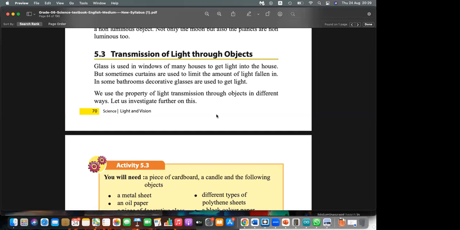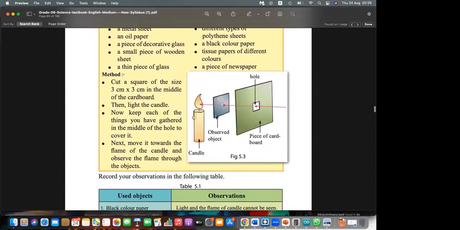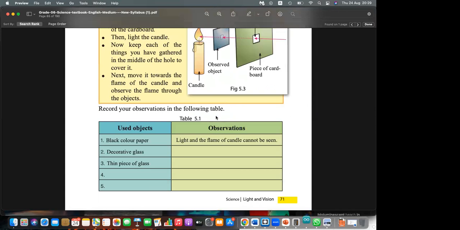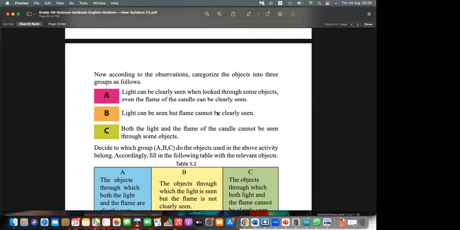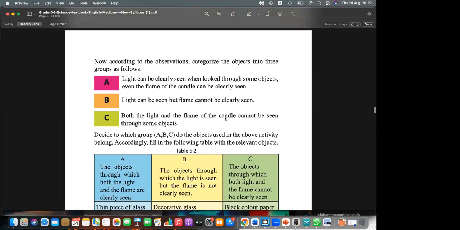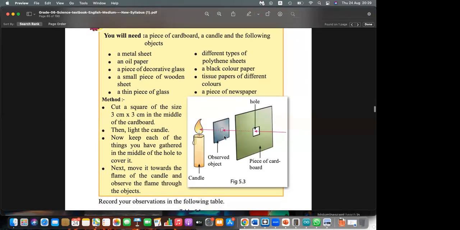Okay, let's see how this happens. When objects transmit light, there are some changes to the light rays, right? Here you can see this experiment. This is the observed object, and you are looking through this hole.